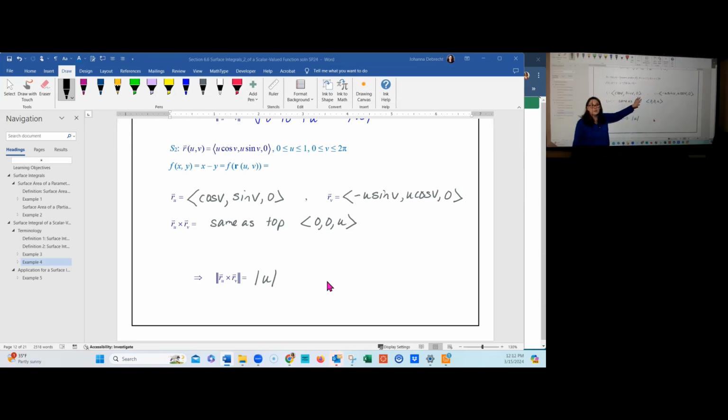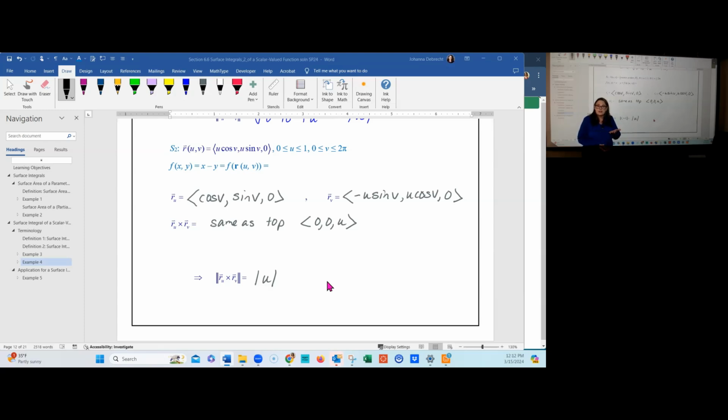Notice, however, that when we take the partial derivatives of the parameterization, we get exactly what we got for the top, because the only difference was the height at which the circle appeared. In other words, it's the same surface, just in two locations, one at z equals 0 and one at z equals 2.